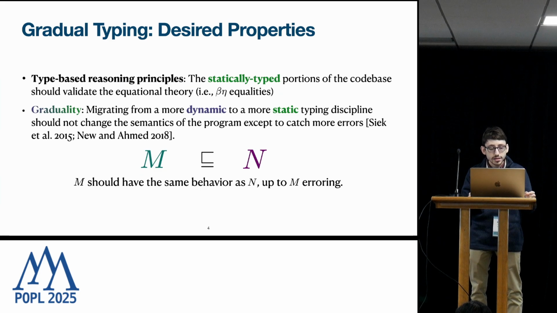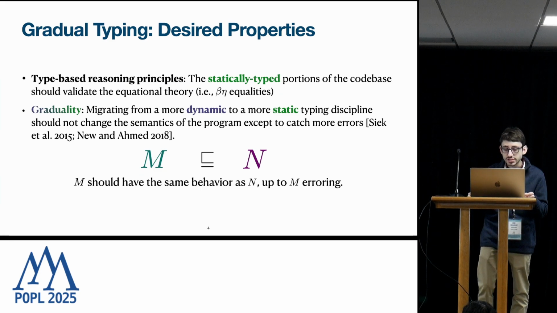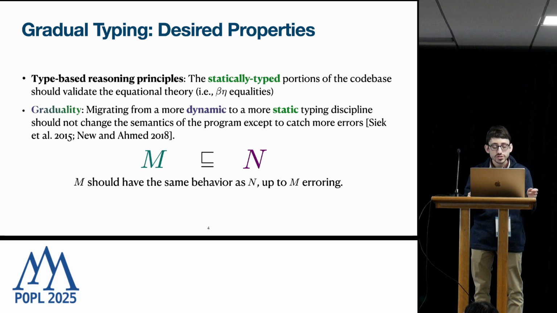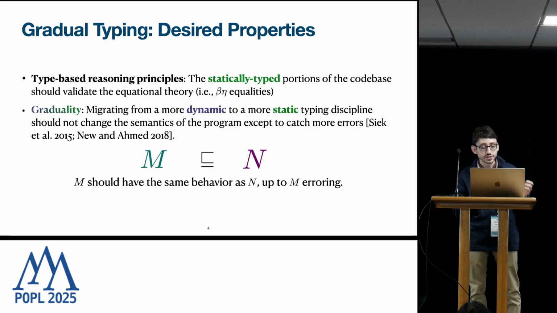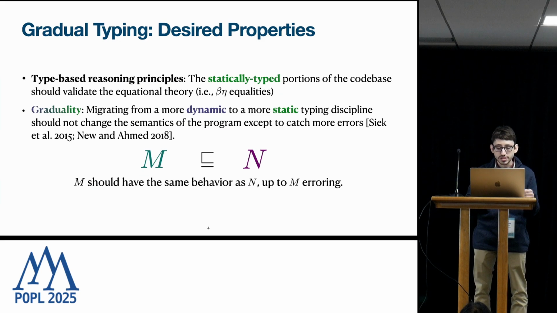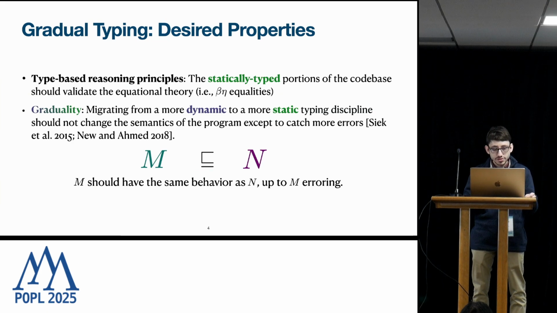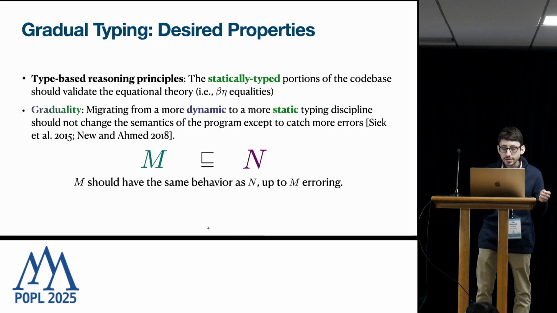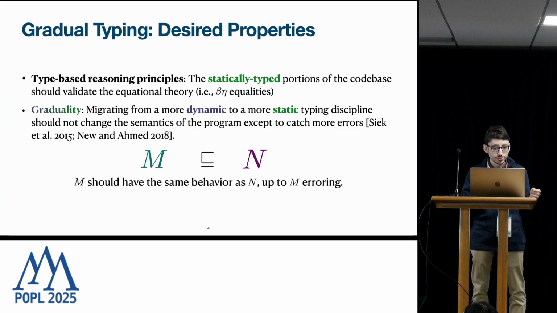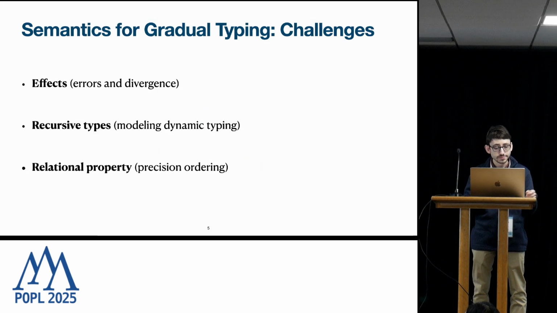And the second and perhaps less familiar property, though, is called graduality, which says that when we migrate a program by adding typing annotations, the more precise program should behave the same as the original, except to possibly err where the original program did not, if the types are not compatible with the annotations at runtime. So here, M is more precise than N, and so we expect that M should behave the same as N up to M possibly erring where N doesn't.